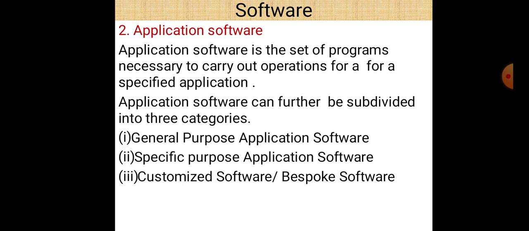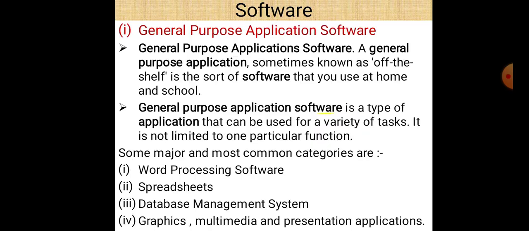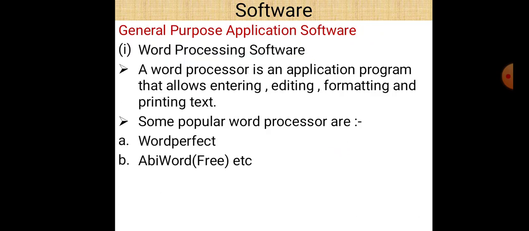Again, these are divided into three basic categories: general purpose, specific purpose, and customized software. General purpose application software is basically used in schools and homes by most people, such as word processing software, spreadsheets, database management systems, graphics and multimedia presentation systems.